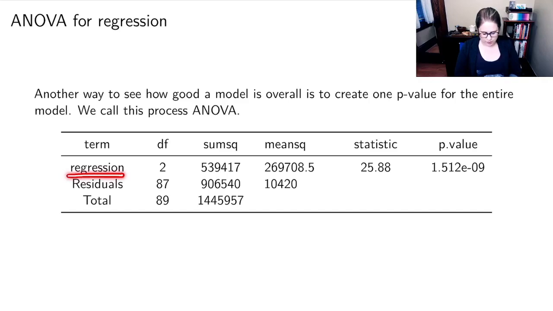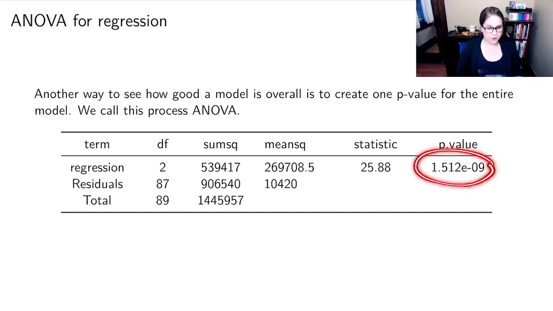So you end up with a row for the regression, a row for the residuals, and a row for the total. You get a degrees of freedom column, and you have the degrees of freedom for your model, which is the number of predictors. You have the degrees of freedom for your residuals, and you have the total degrees of freedom. You get sums of squares, you get mean squares. Your F statistic is also computed by dividing one of those mean squares by the other, and the p-value is found by looking in an F distribution.